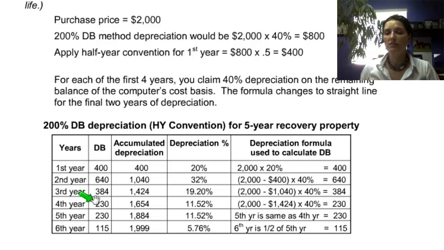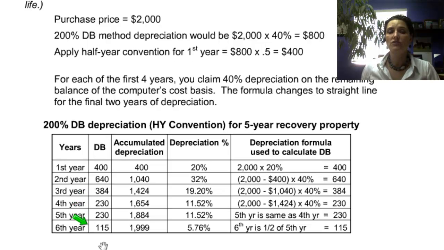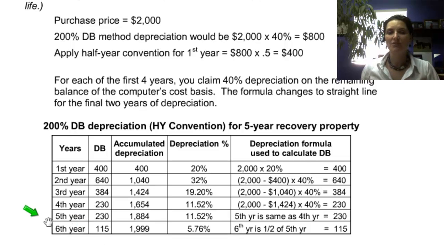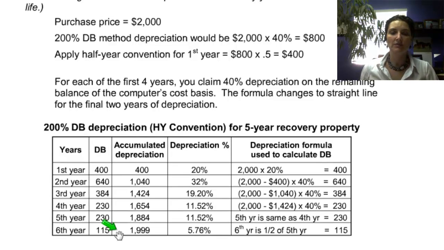And this is kind of where the formula just goes away on us. And IRS says that year 5 is the same as year 4. And then in the 6th year, you get half of what you claimed in the 5th year. And when you're all done, due to rounding, our total depreciation deduction came out at $1,999. We're pretty much at the $2,000 amount, and the difference is just due to rounding.